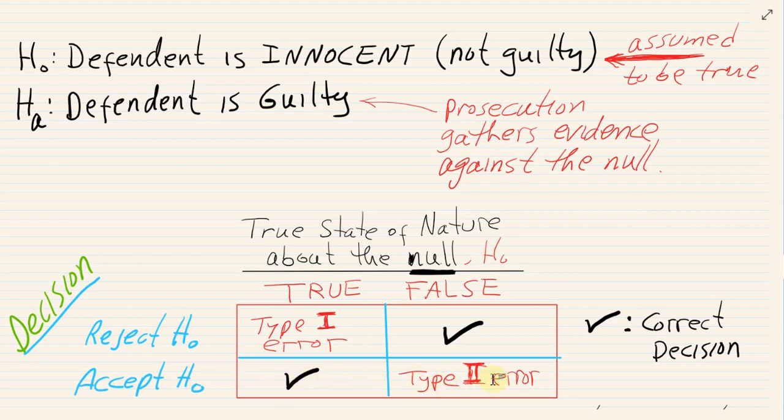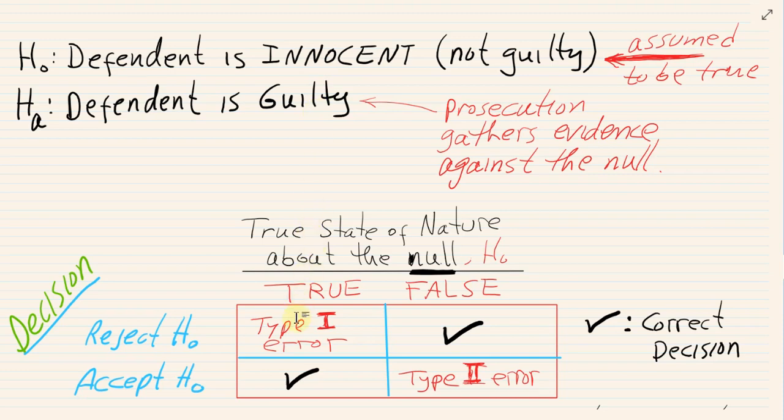And lastly, in this cell, another kind of error is committed. A type 2 error is committed. A type 2 error, therefore, is the error of accepting the null when in fact the null is false. So we're back to a situation where null is false, means the person is guilty. But the jury accepts the hypothesis of innocence.